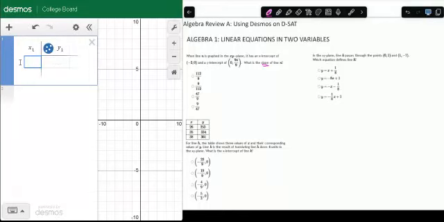And if you just type in the x and y coordinate, so -2 is the x coordinate, 0 is the corresponding y coordinate, you can keep scrolling down and over to get to the next row. Your other point is 0 and 94/9. Just leave it as the fraction. So we've entered our 2 points.